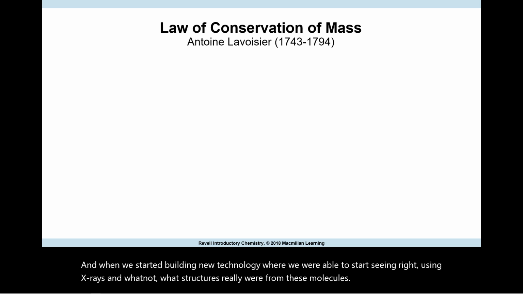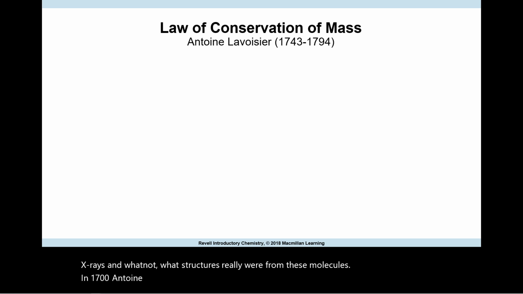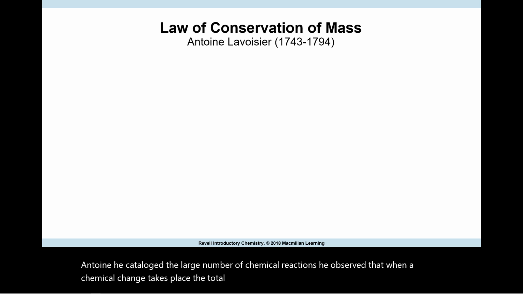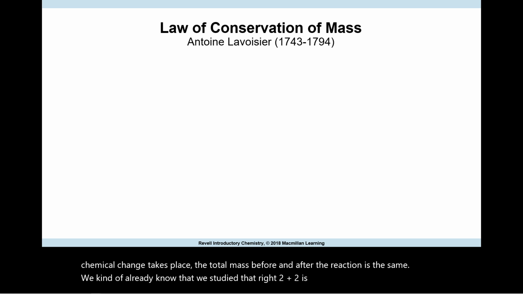In 1700, Antoine Lavoisier, I actually don't know how to pronounce his name, cataloged a large number of chemical reactions. He observed that when a chemical change takes place, the total mass before and after the reaction is the same. We kind of already know that. We studied that, right? 2 plus 2 is equal to 4.